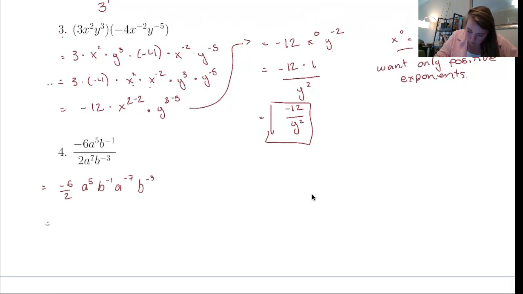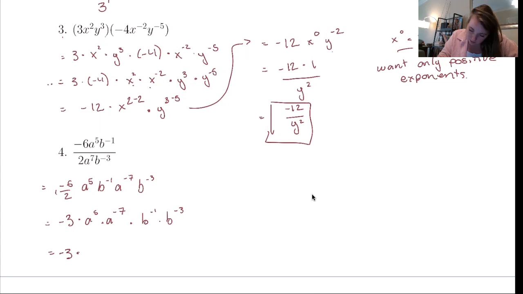I'm going to simplify negative 6 divided by 2, and that's going to give me negative 3 times a to the 5th, a to the negative 7, kind of grouping things up by their bases. Did I write that right? Okay, cool.